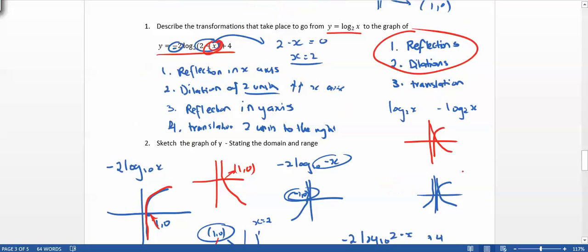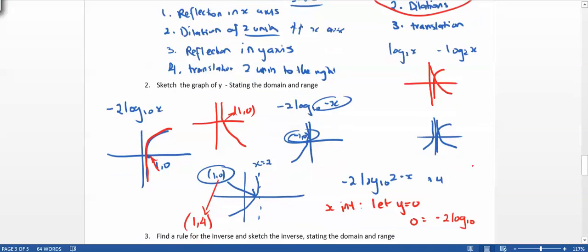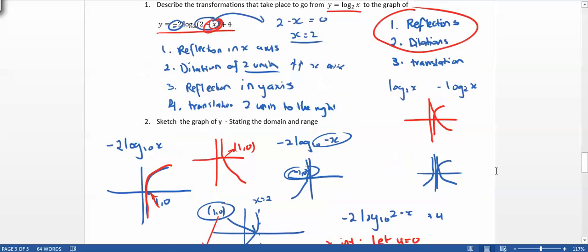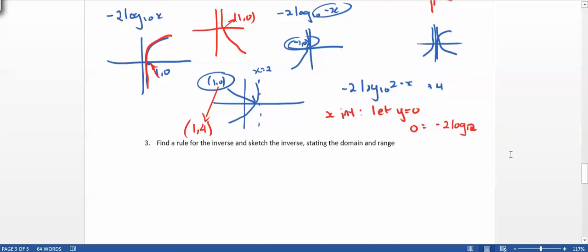Was it log to the base 10? Sorry, log to the base 2, of 2 minus x plus 4. Very ugly. I'm running out of room here.